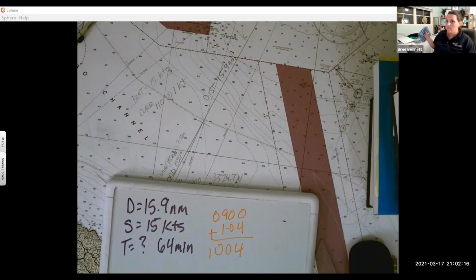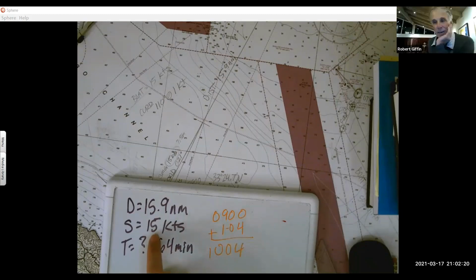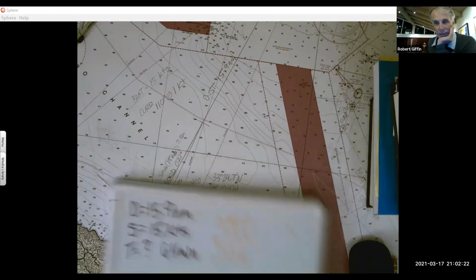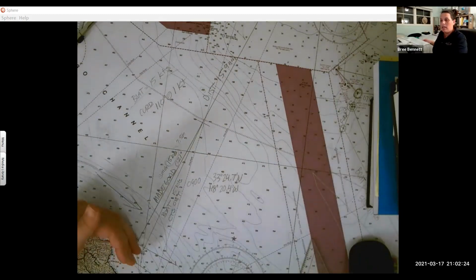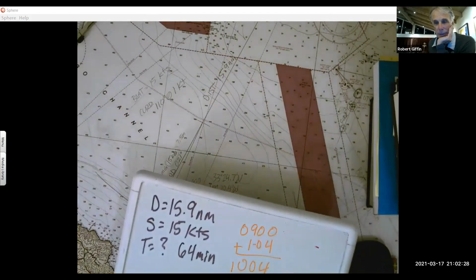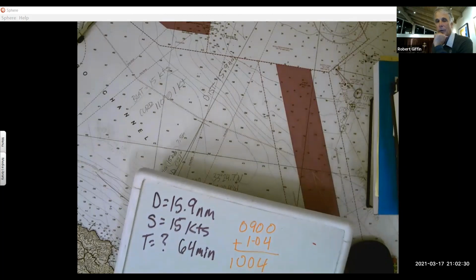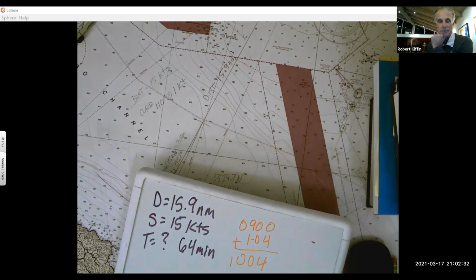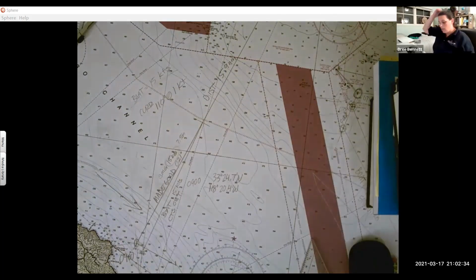Yeah, correct. This just works out to 15 and our calculated boat speed was 15 because the current was right on the beam. So these speeds that you're talking about, are these speeds that you're reading off a knot meter, or where are you getting these speeds from? So the one that's coming from your knot meter.